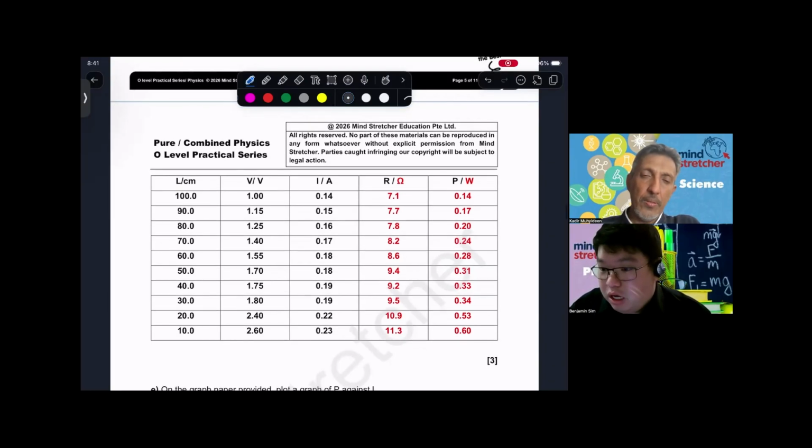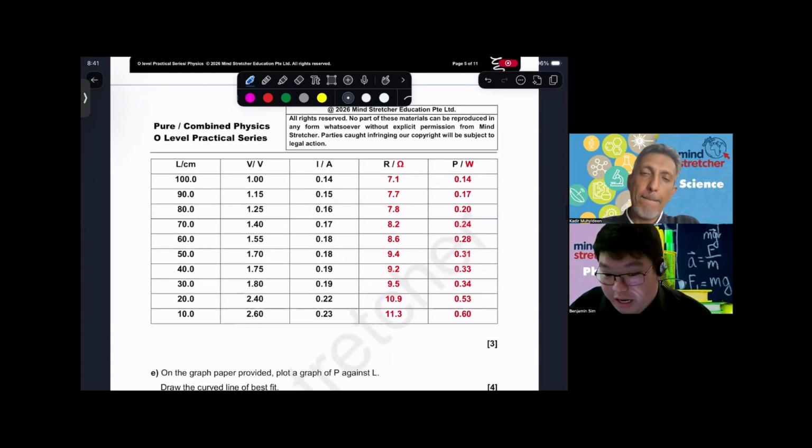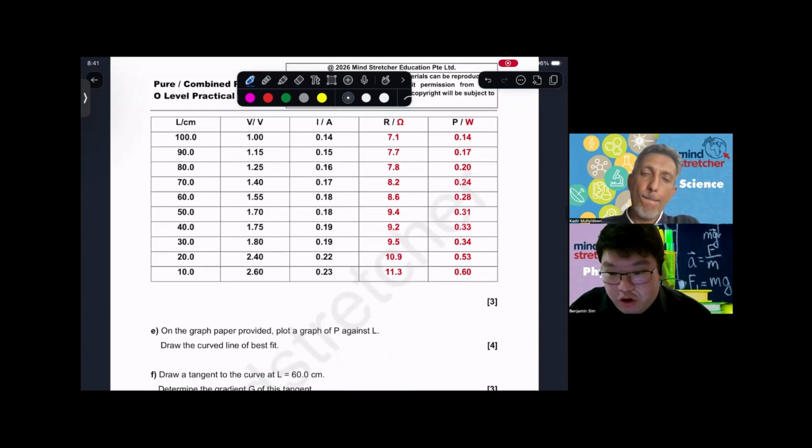Using the formula P equals IV, you will be able to find all of the different values for P. I'll get you to complete this table together with me, and this is where I want you guys to help me out as well. I'll keep showing you the table.